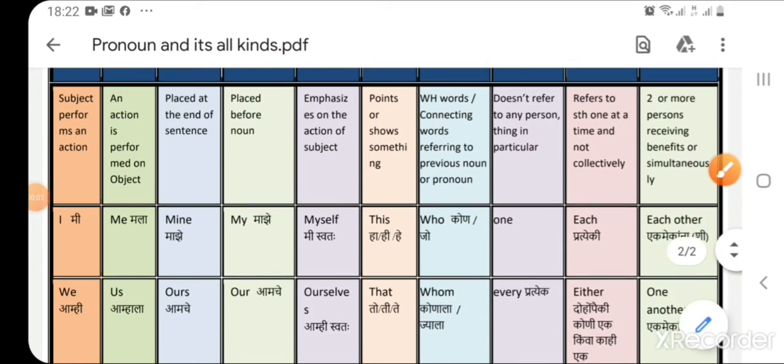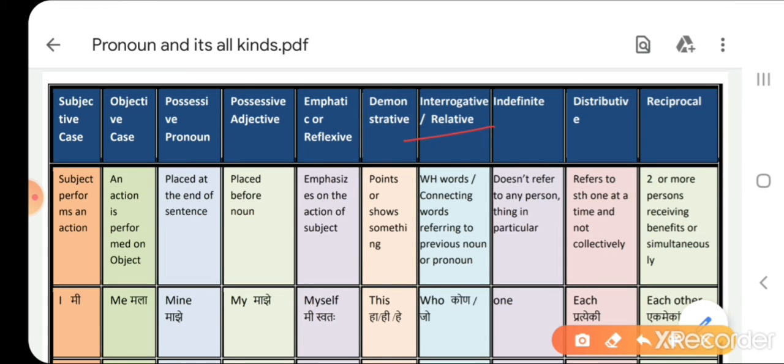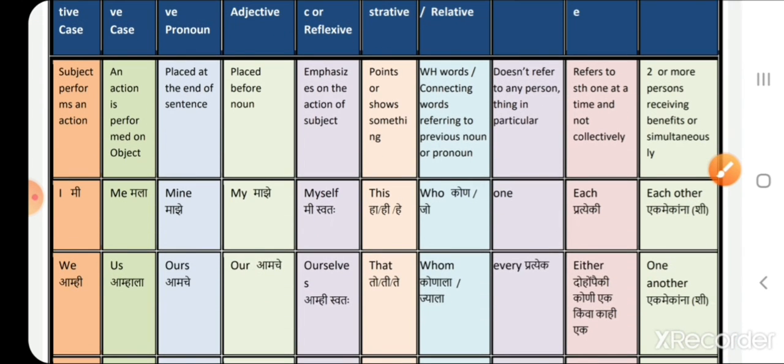Now next pronoun is interrogative pronoun. These pronouns are used to ask questions, and we use here WH words. Meanings of such words are like who means कोण किंवा जो, whom. Here जो is different kind of pronoun.